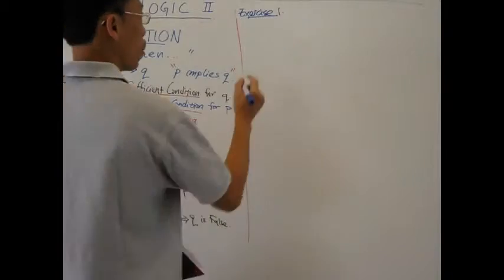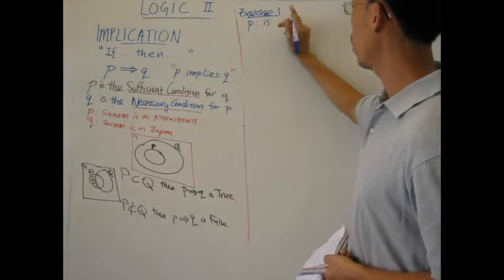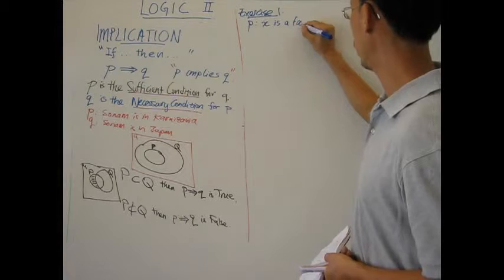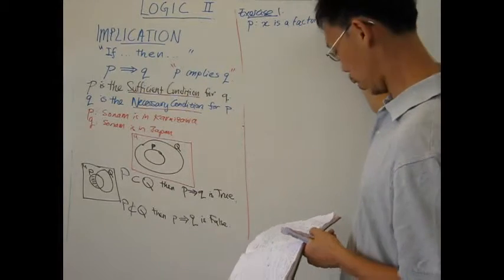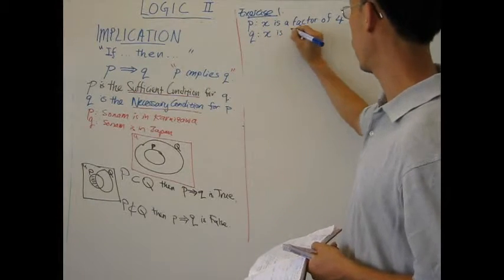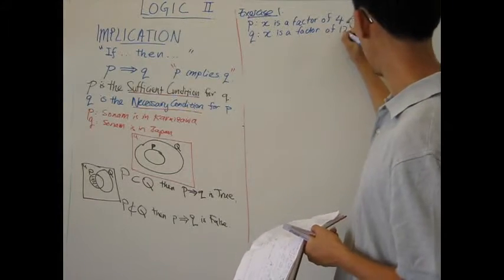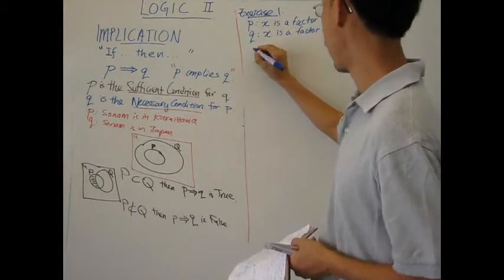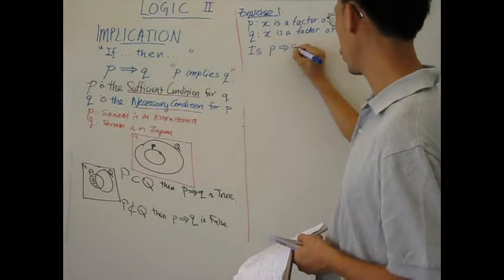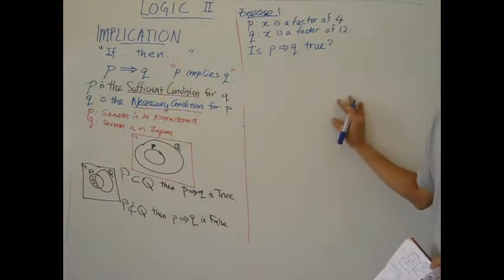Let's say P: x is a factor of 4, and Q: x is a factor of 12. Is P implies Q true? Is P implies Q true?